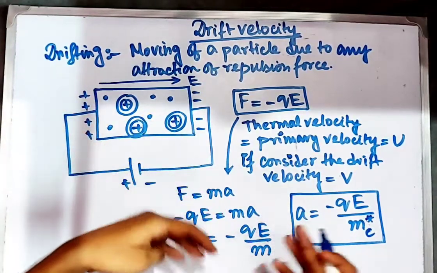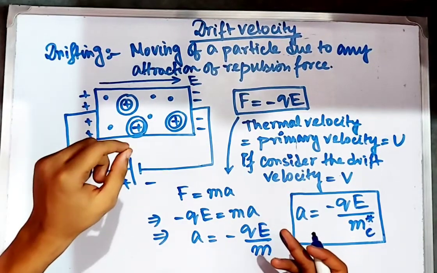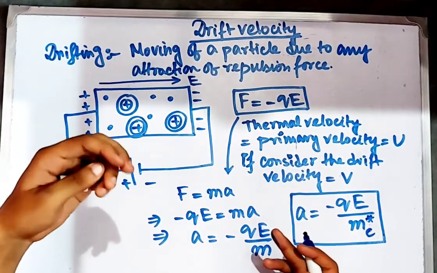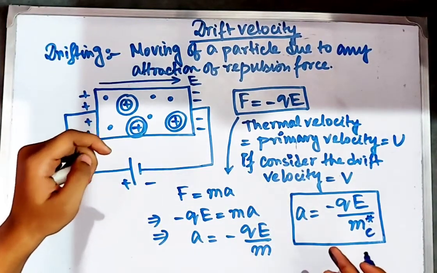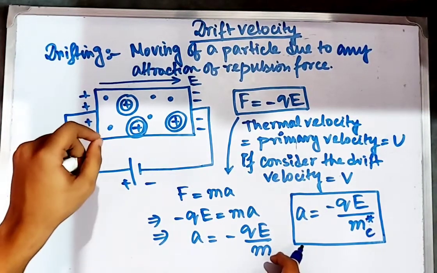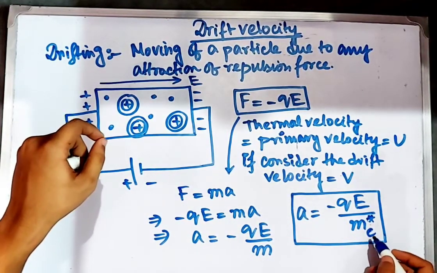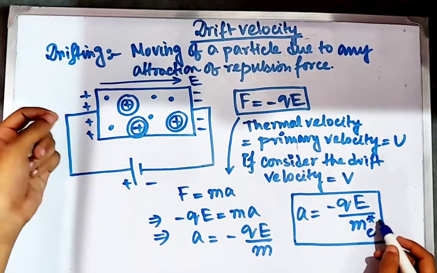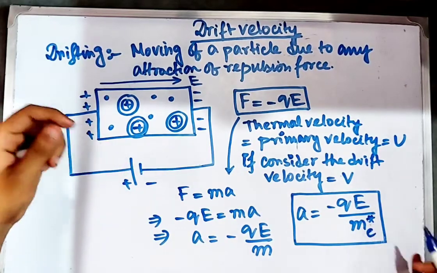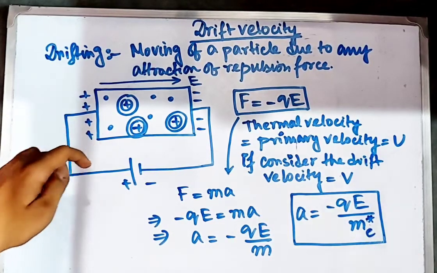So there are a lot of forces acting on each electron. The electron we are dealing with is not in its stationary state, so we are not taking its stationary mass value, we are taking its effective mass value. That is why we are using the effective mass concept in this formula.